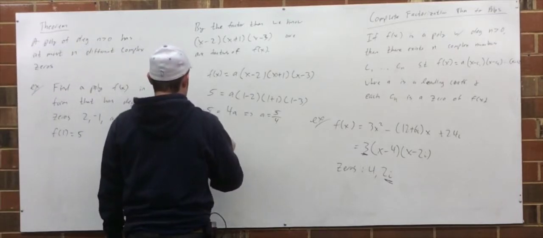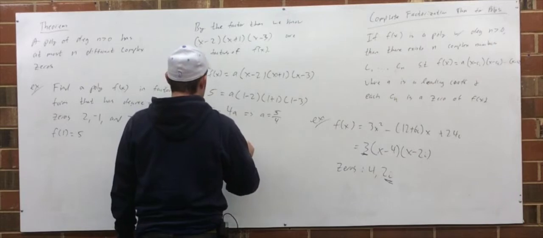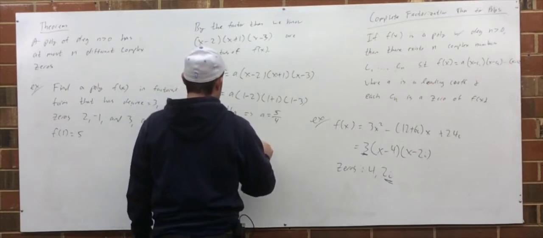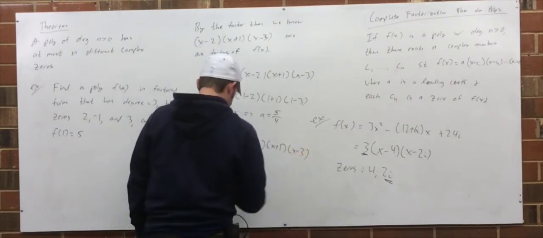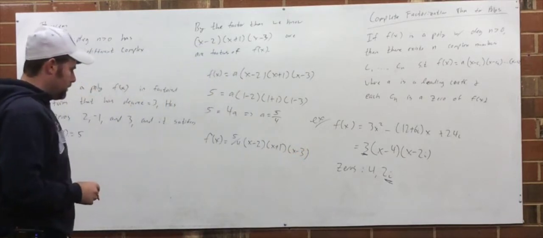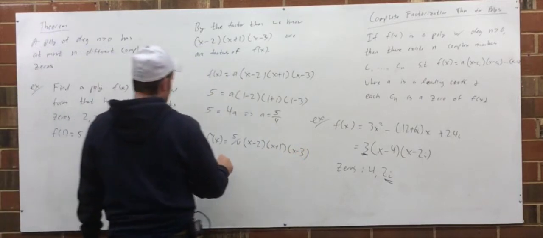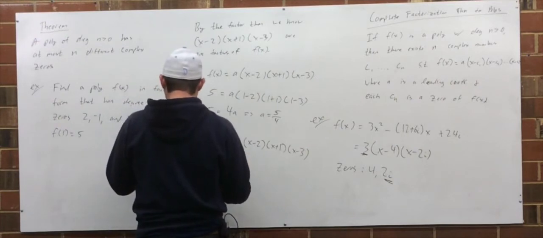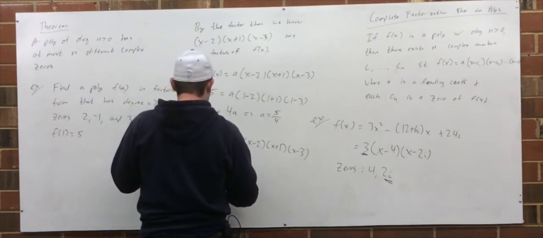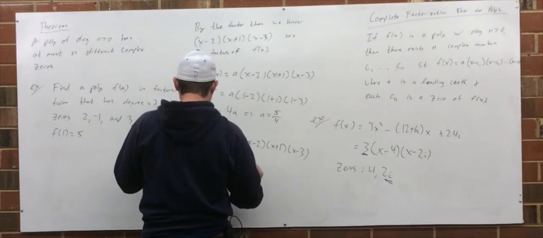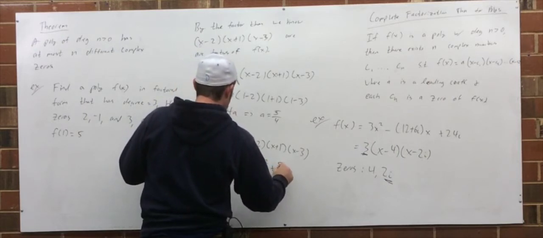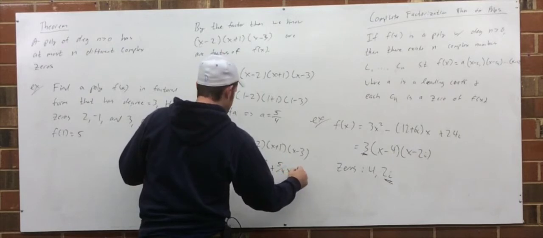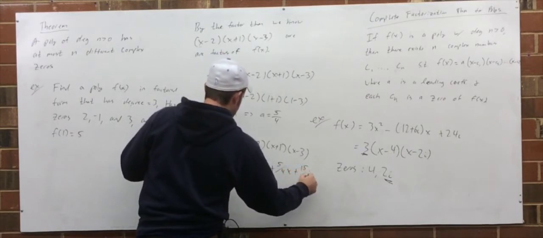So now we can say that f of x must equal 5/4 times x minus 2 times x plus 1 times x minus 3. And you can multiply all that out, and I'll give you the final answer here. We get 5/4 x cubed minus 5x squared plus 5/4 x plus 15 halves.